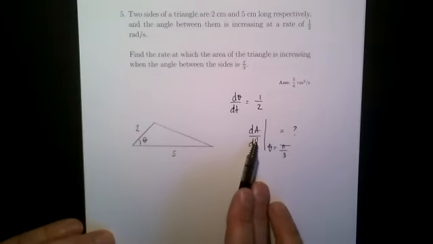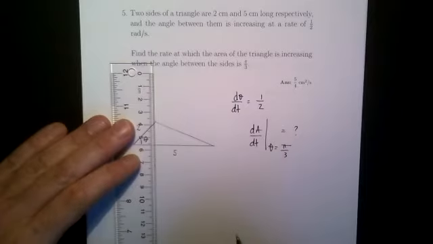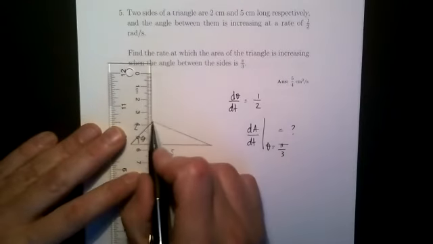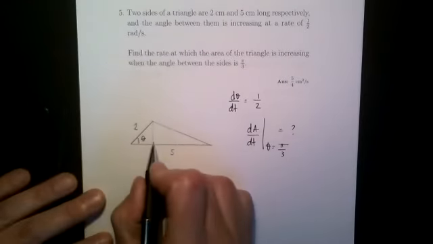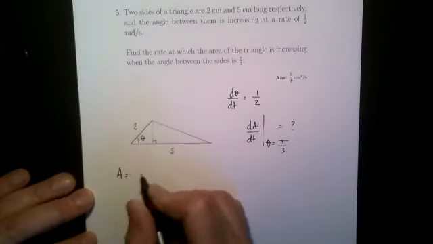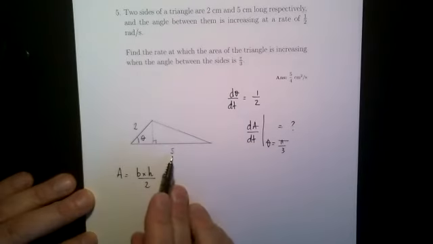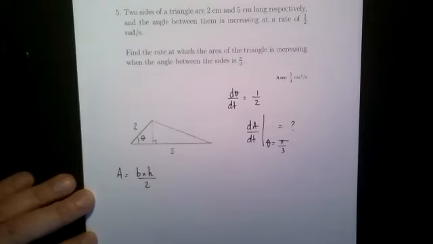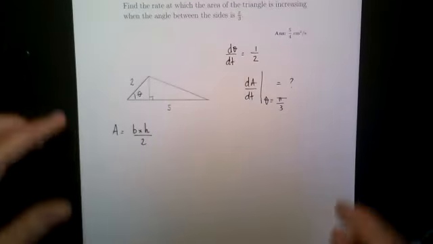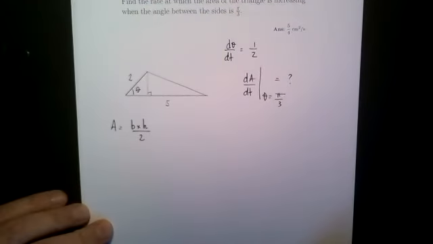All right, so we need an expression for the area. How will we find the area here? Well, the area is base times height over 2. The base is 5. What is the height? What's the height here, guys? Using sine, we can find the height.